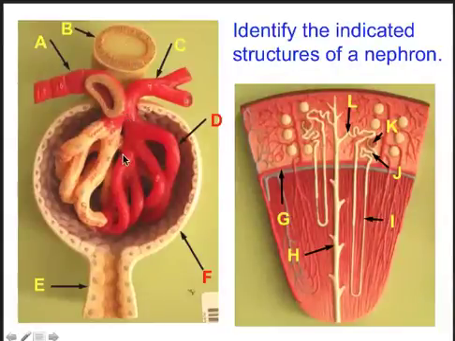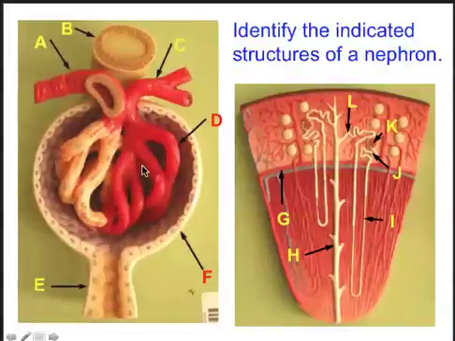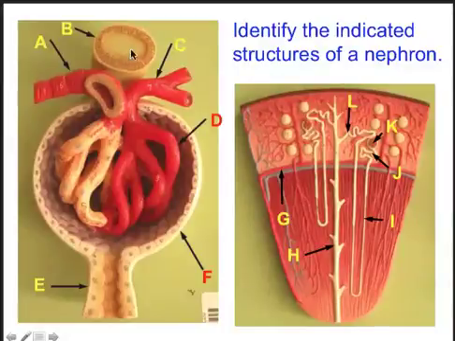If we do the reverse, if we close down the afferent arteriole and open the efferent, what happens is that we lower the pressure inside the glomerulus, we reduce the glomerular filtration rate, and we cause the solute concentration in the filtrate in the distal convoluted tubule to rise.